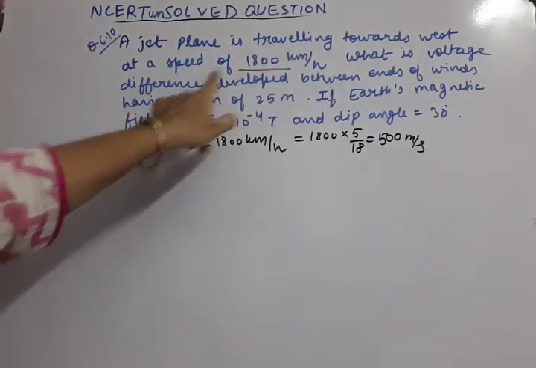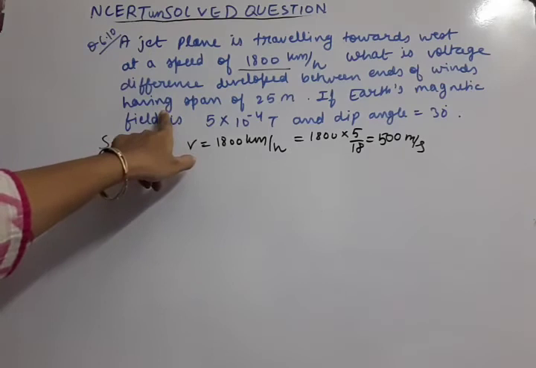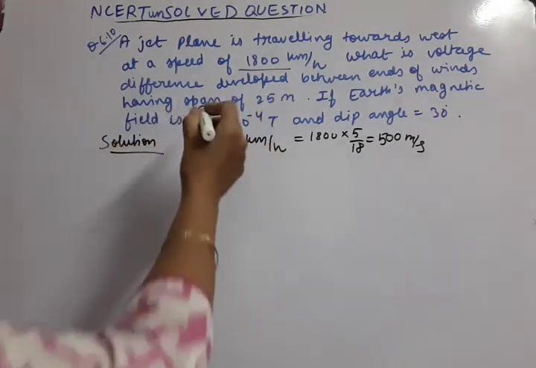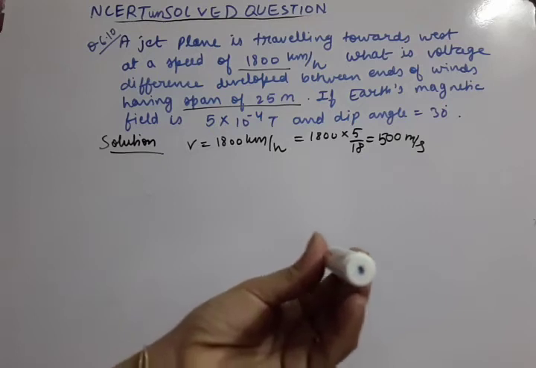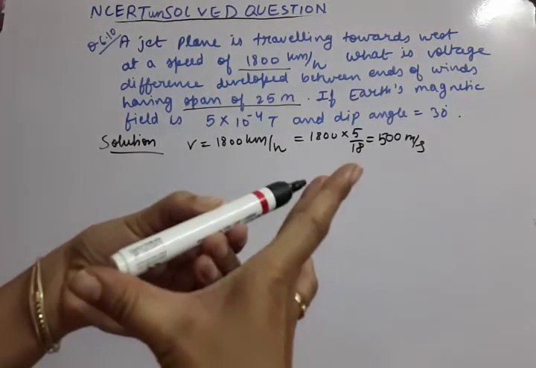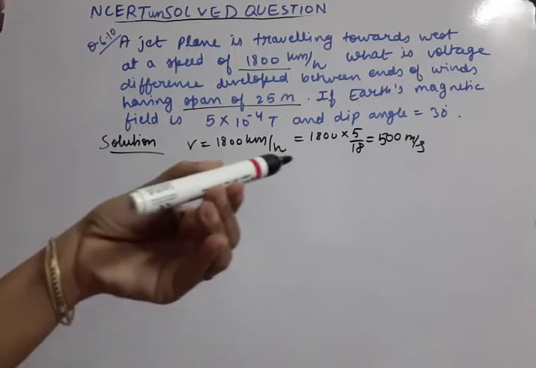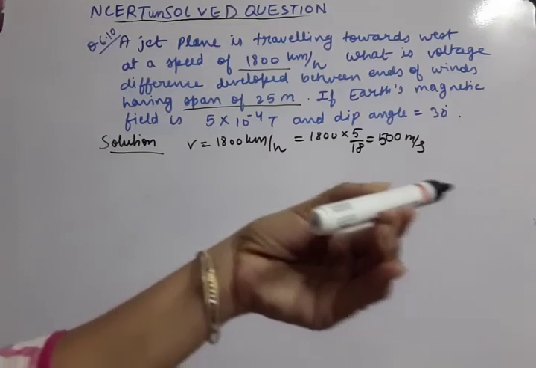What is the voltage difference developed between the ends of the wings having a span of 25 meter? The wing's length is 25 meter. After that, Earth's field and dip angle are given. See, it's this way. Suppose these are the wings span of the jet plane, and this jet plane is moving horizontally in the west direction.